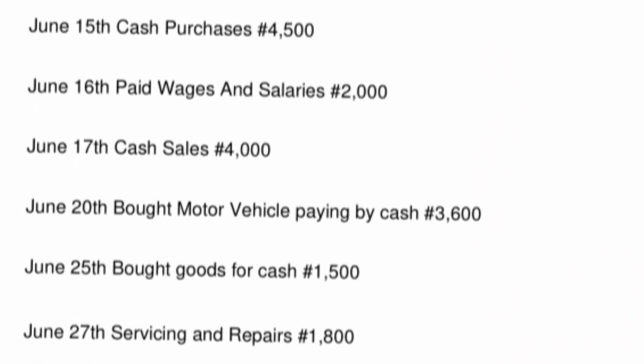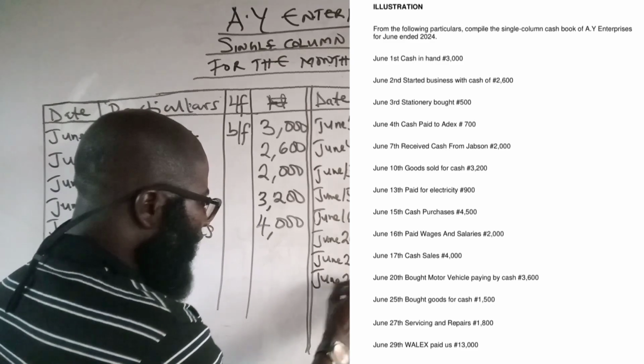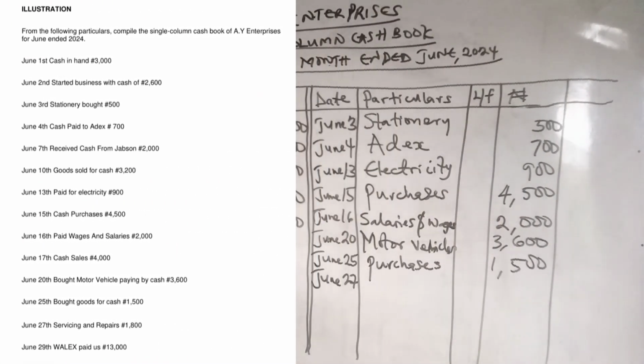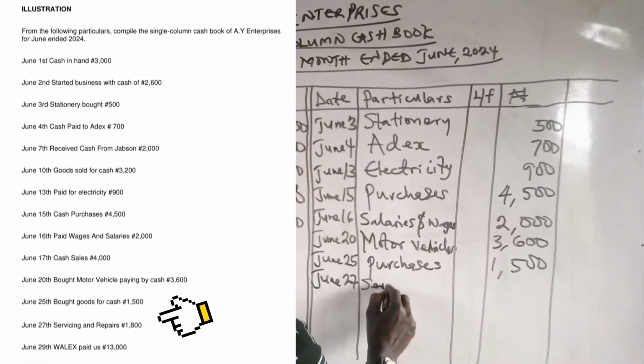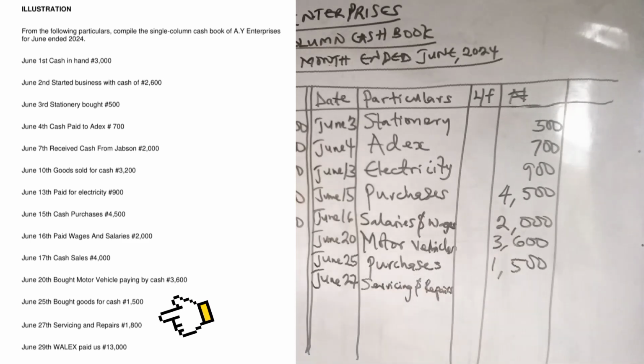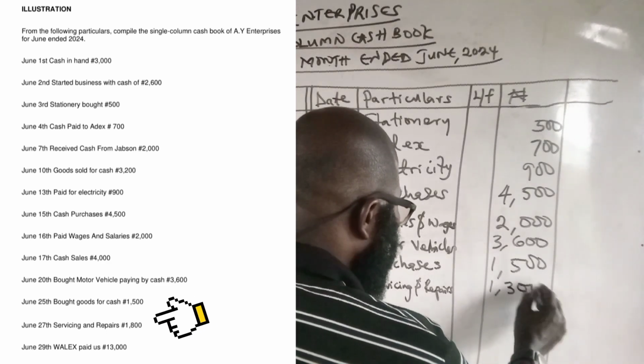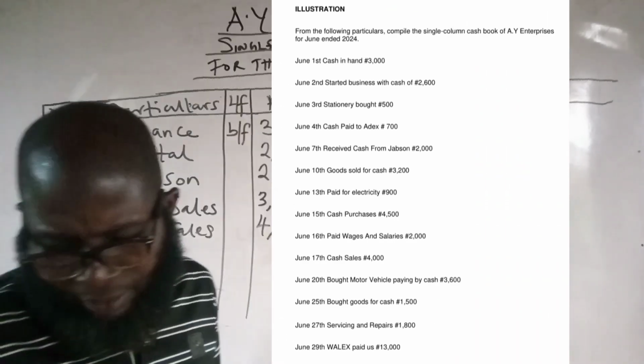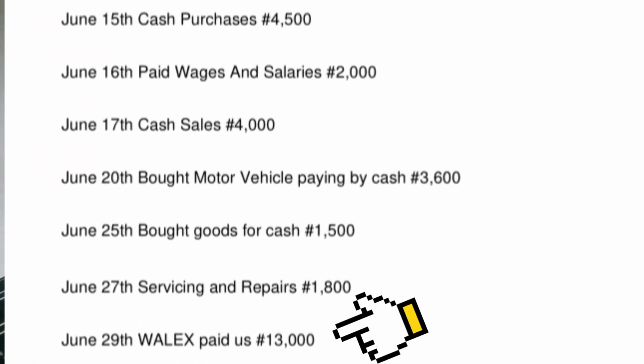Then for June 27th, servicing and repairs 1,300 naira. June 27th. We have it for servicing and repairs. This cost 1,300 naira.